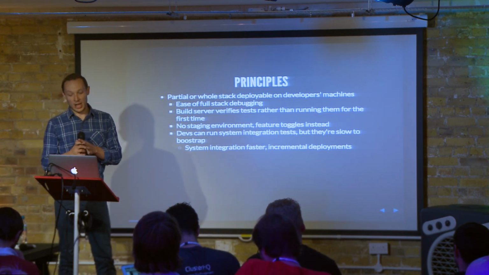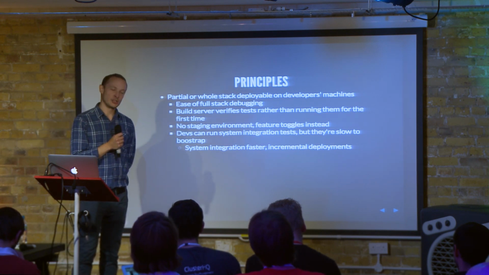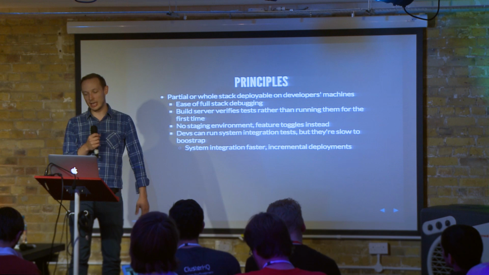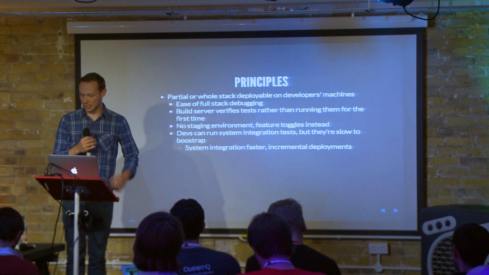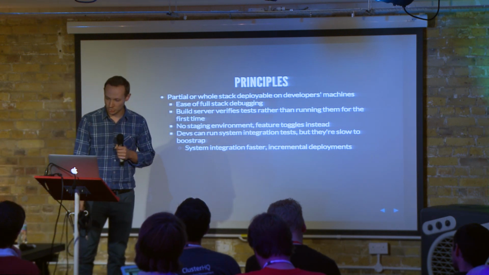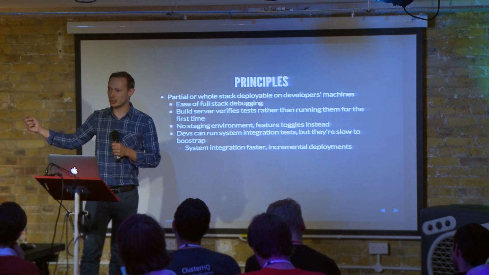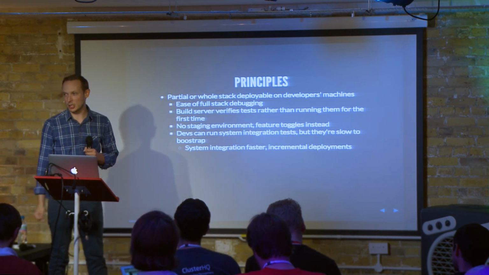And we have no staging environment, in fact. We use feature toggles. So in a continuous deployment style, if we want to show maybe someone in the business we've got a new feature or some new functionality, we just toggle on that user, the IP, whatever it wants to be. And we have a full system integration test as well, obviously, but they can be run on the developer's local machine.